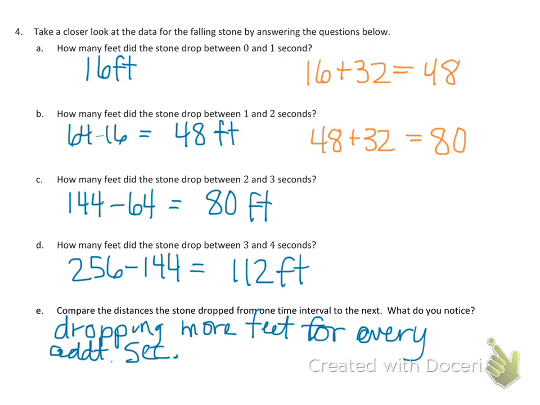And if I take 80 plus 32, I get 112. So that's pretty cool. So not only is it dropping more feet, it's dropping an additional 32 each time.